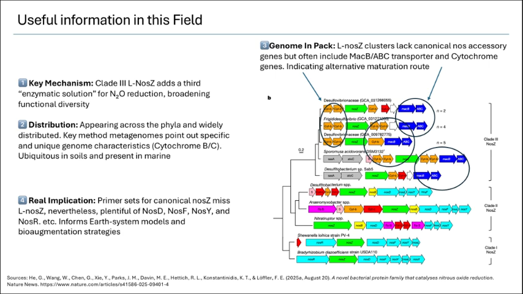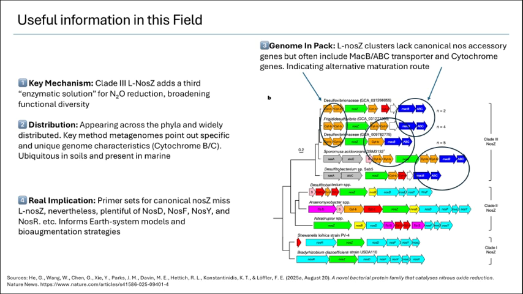The second one is distribution. L-NOZ appears widely across phyla and environments, which means surveillance tools must be updated. Canonical NOZ primers will miss it. The same goes for abundance maps and model inputs.